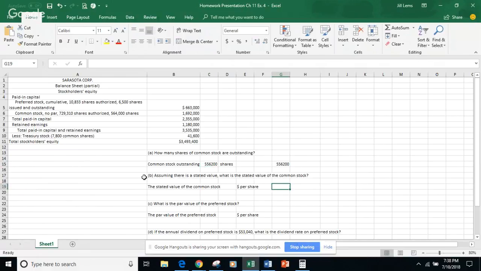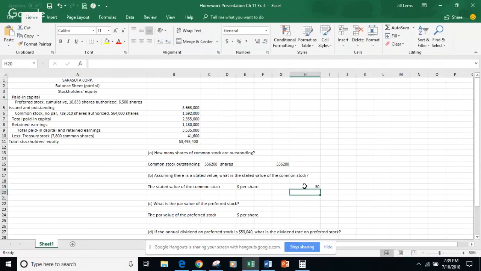Okay, to go to B, assuming that there is a stated value, what is the stated value of common stock? So to figure this one out, we are going to take the common stock amount, which is 1,692,000, and we are going to divide it by the number of shares, the 564,000 shares.